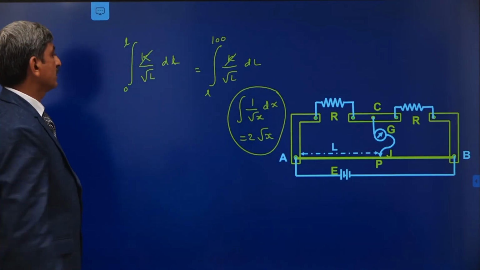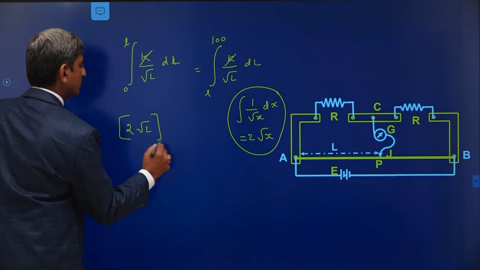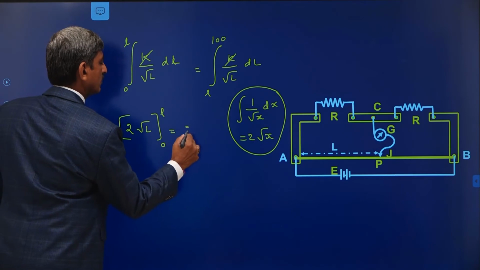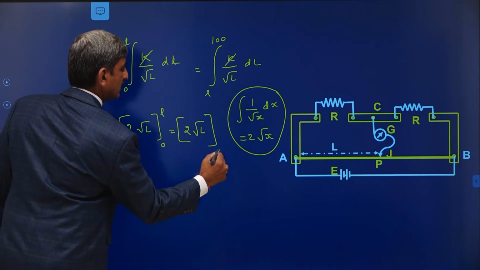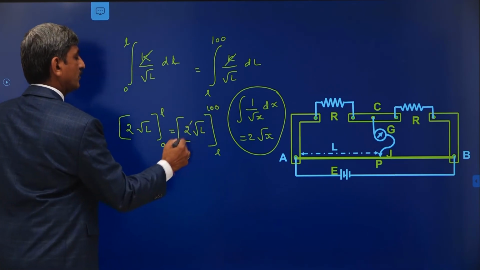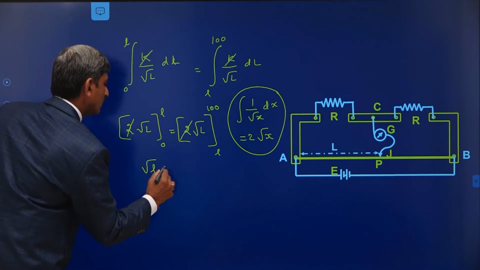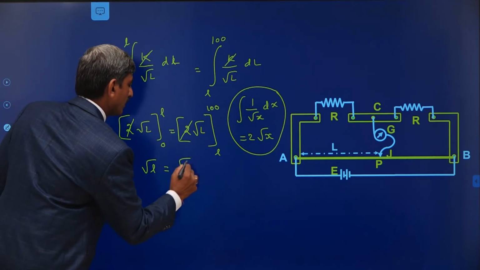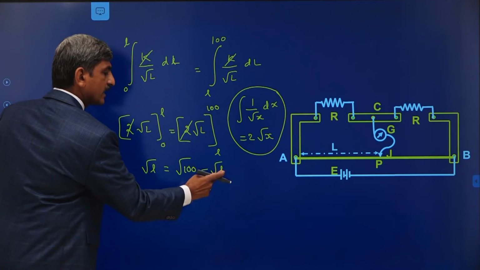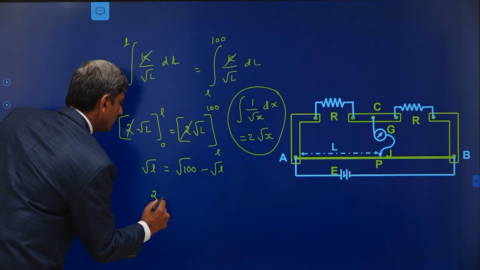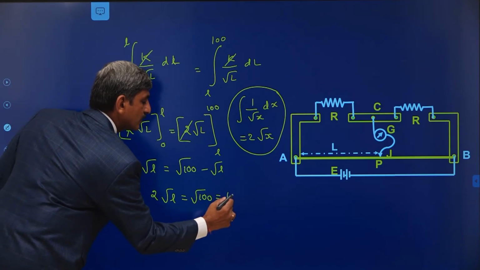So by using that equation, we have 2 root L between the limits 0 to L is equal to 2 root L between the limits L to 100. Here 2 also gets cancelled, and by substituting the limits we have root L is equal to root 100 minus root L. By taking this root L to this side, we have 2 root L is equal to root 100, that is equal to 10.